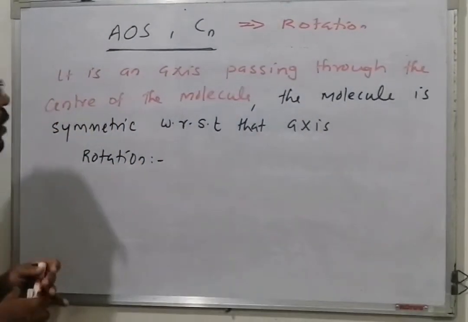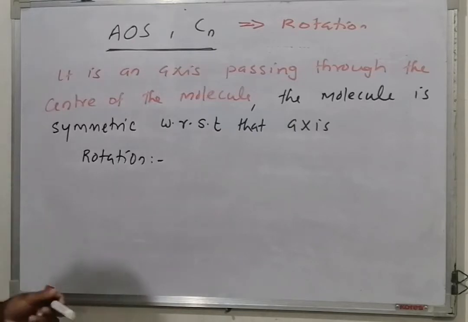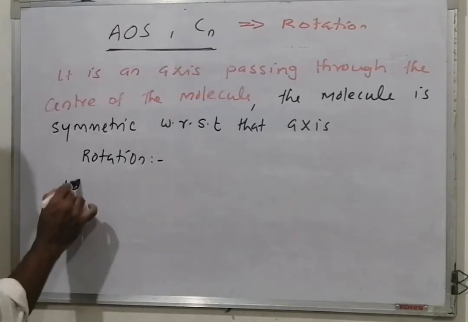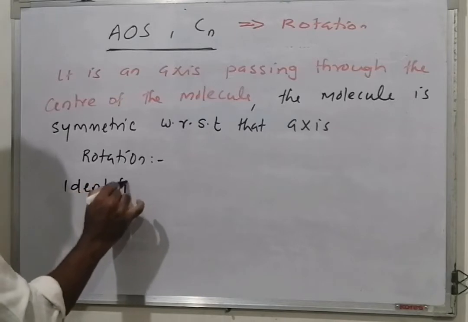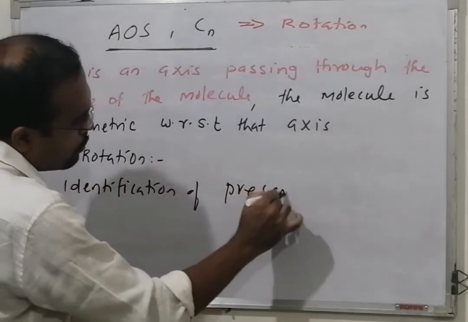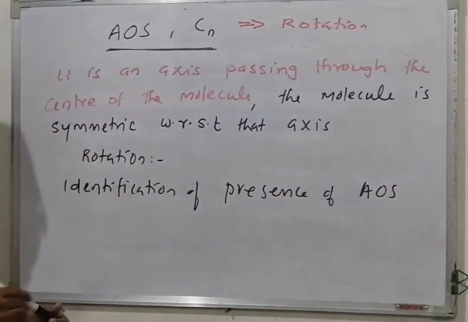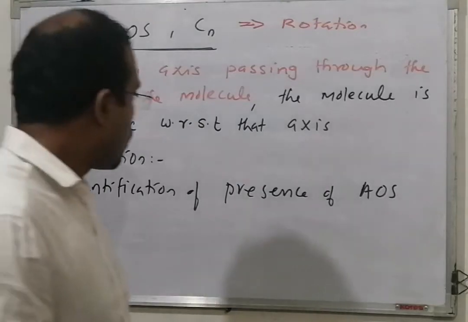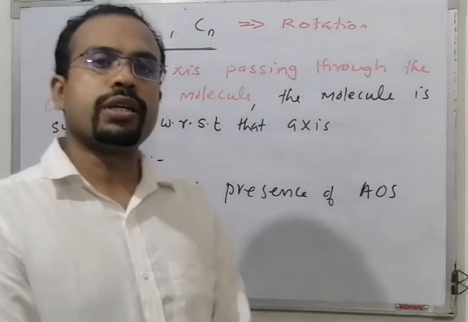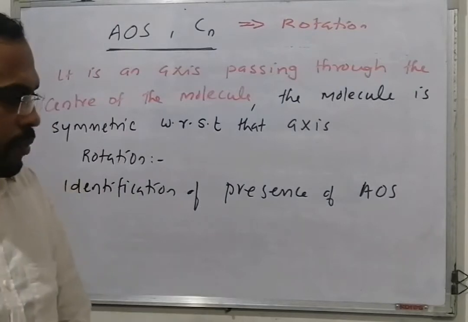Now, first of all, how do I identify whether the molecule has an axis of symmetry? Identification of the presence of an axis of symmetry in a molecule is very important.